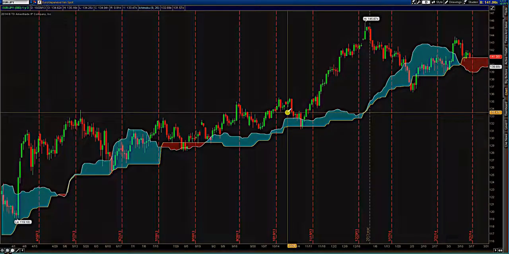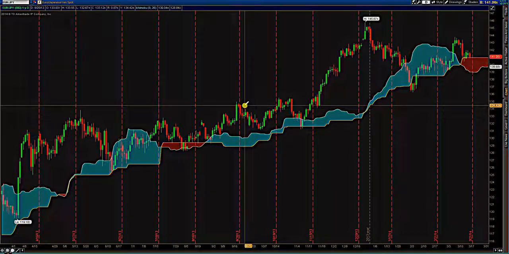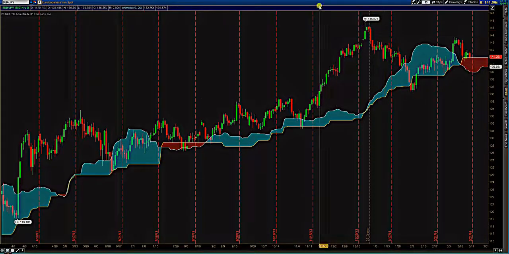Look at where price action is relative to the cloud. Above it, bullish, look to go long. Below it, bearish, look to go short. You should work from the top on your way down. Look at the weekly and daily to determine whether it's bullish or bearish, and then look at the 4-hour and 1-hour time frames in order to get in that trade.